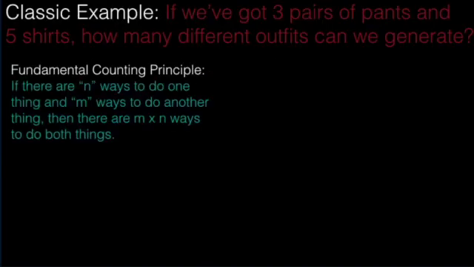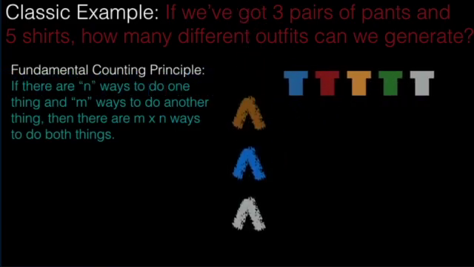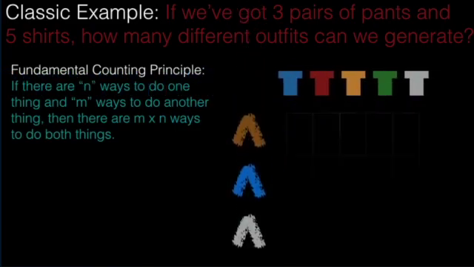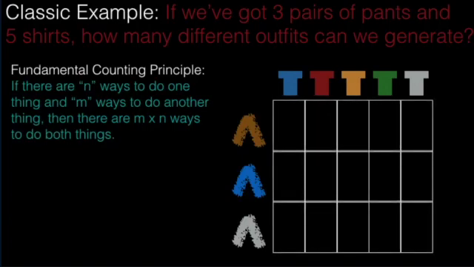Fundamental counting principle is actually the easiest piece to wrap your mind around. Classic example, we talk about clothes. You got 3 pairs of pants, 5 shirts. How many different outfits can you generate? If I drop those in place, you can see that I'm almost even making a multiplication table like what's in the back of a composition book, right?